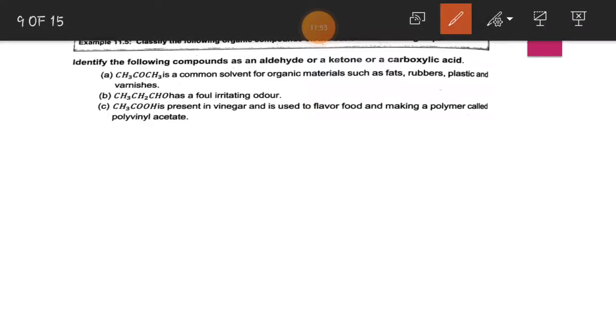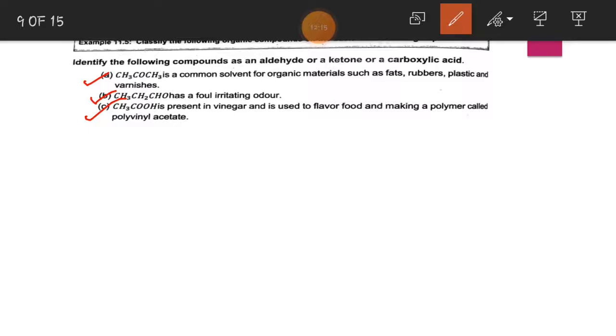So let's do an example. We have to classify the following organic compounds on the basis of functional group. First one is a common solvent for organic materials such as fats, rubbers, plastics and varnishes. And second one has a foul or irritating odor. Third one is present in vinegar and is used to flavor foods and making a polymer called polyvinyl acetate.